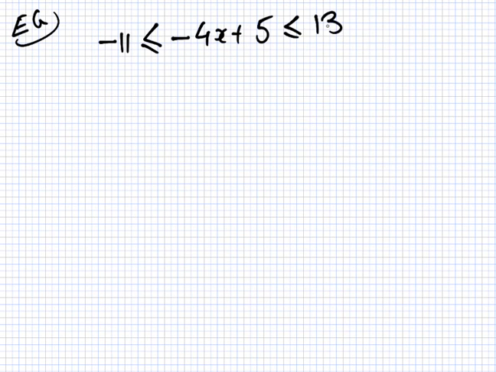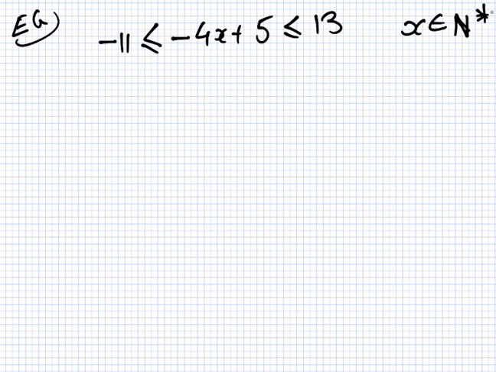Okay, so suppose I want to solve something like this. Minus 11 is smaller than this number, minus 4x plus 5, which is smaller than 13. And I also tell you x is a natural number including 0.